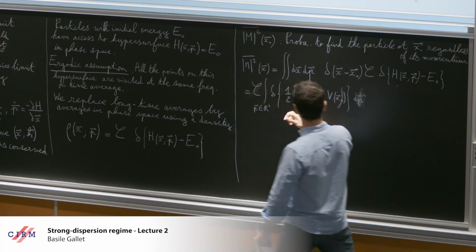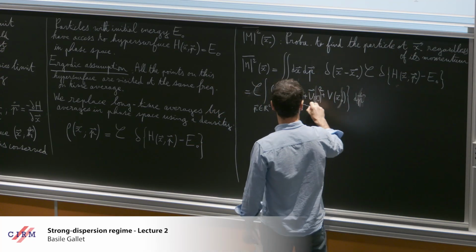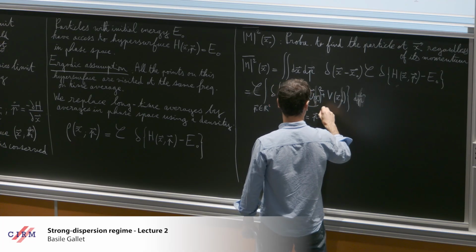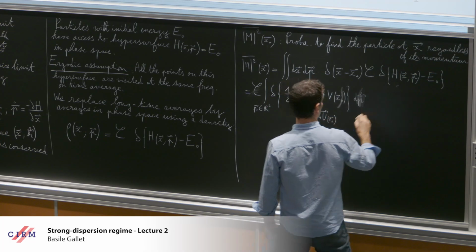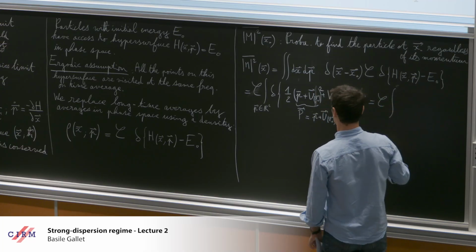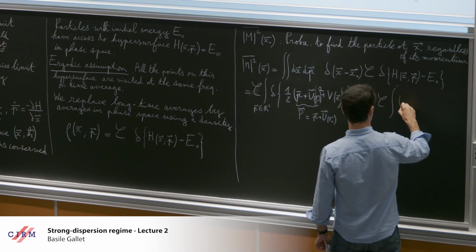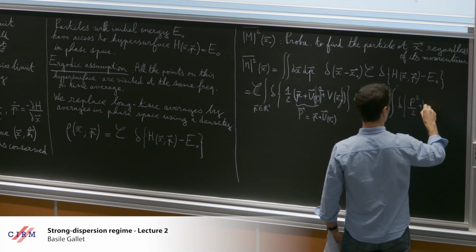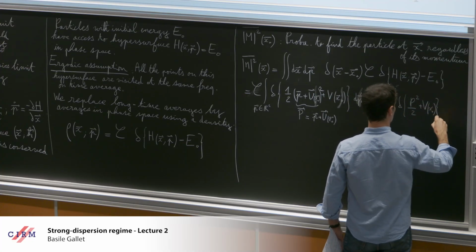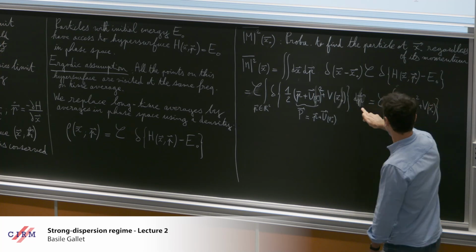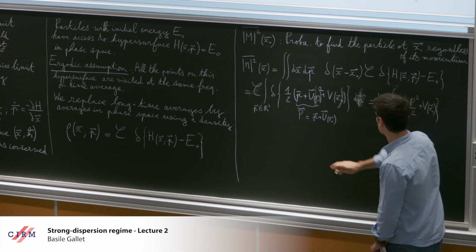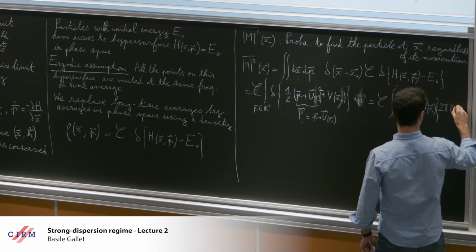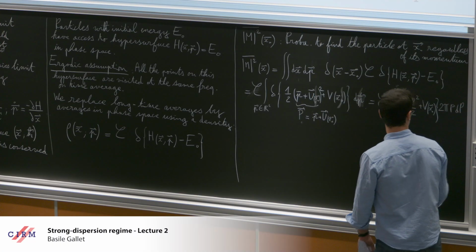We're going to change variable to capital P here. Okay, capital P is p plus u of x0. Okay, so that's c, the integral of delta of capital P squared over 2 plus V of x0, and dP is now d capital P, which I'm going to write in polar coordinates 2 pi P dP.